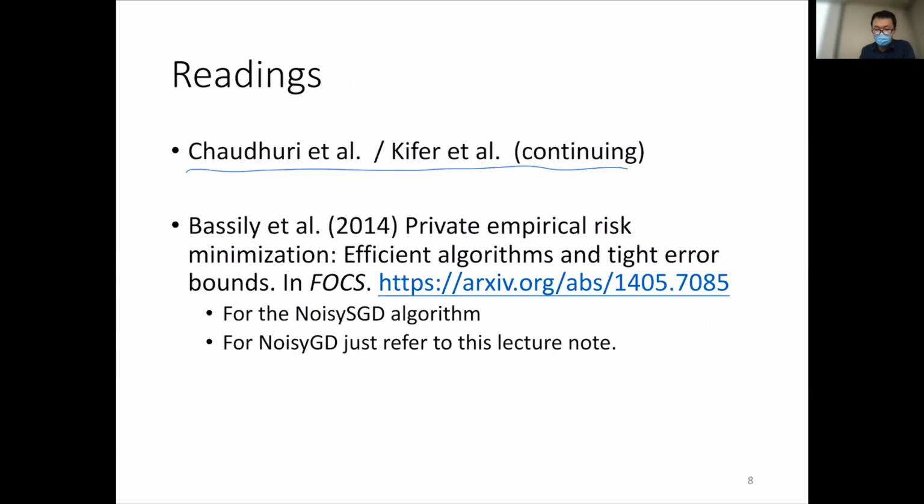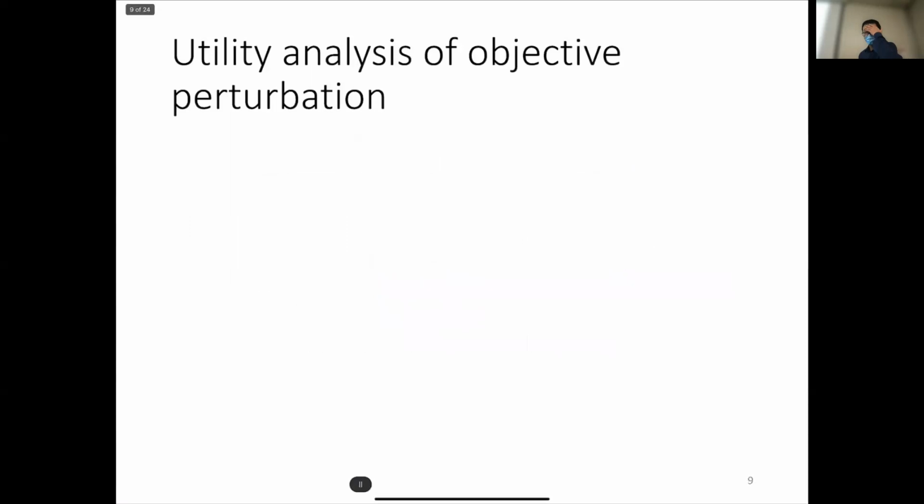For the part where I'm going to be talking about the noisy gradient descent and noisy stochastic gradient descent, the materials that I'm drawing that information from are scattered all over the place, but you can find good material for the noisy SGD algorithm, which obtains the information theoretic limit for differentially private empirical risk minimization in a convex setting, from this very nice paper by Bassily and co-authors. Okay, so these are the additional references.